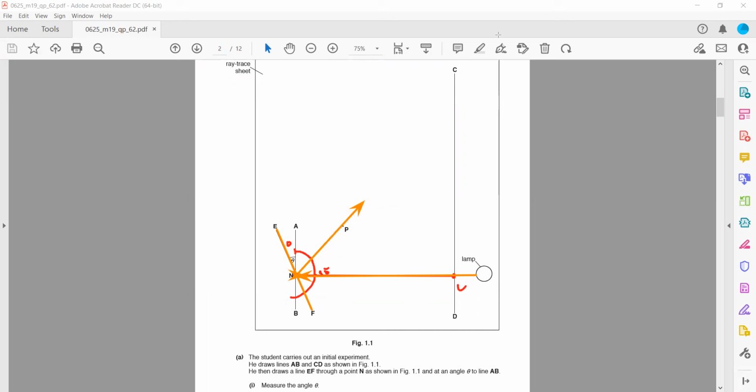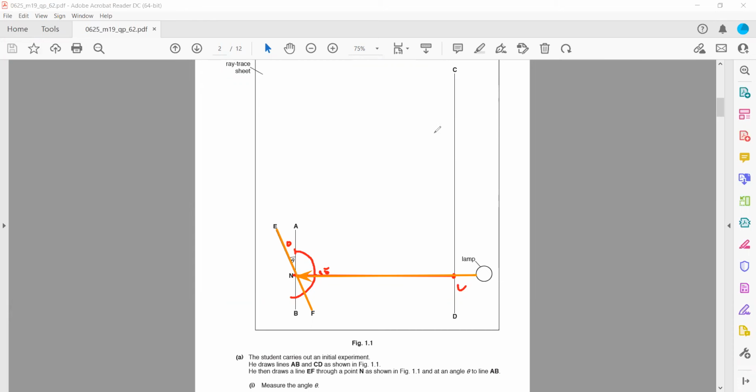For example, if this point P is very close to the surface, when the point is closer there are multiple ways to draw the line through that point. So when the pin is closer to the reflecting surface, the result won't be accurate. For an accurate result, whenever we want to locate the position of the refracted or reflected ray, we should place the pin as far as possible.